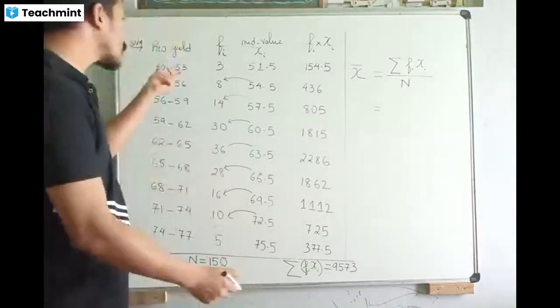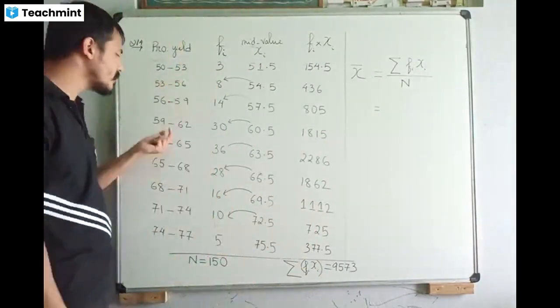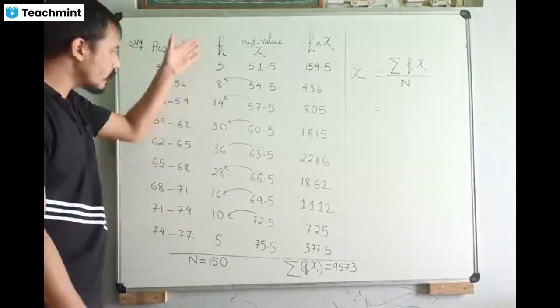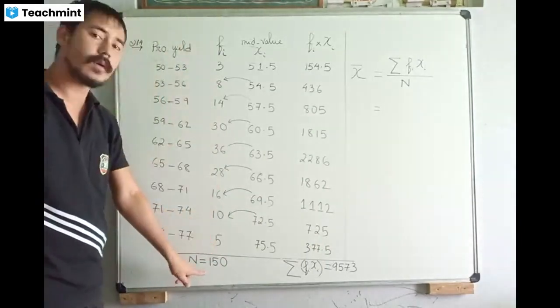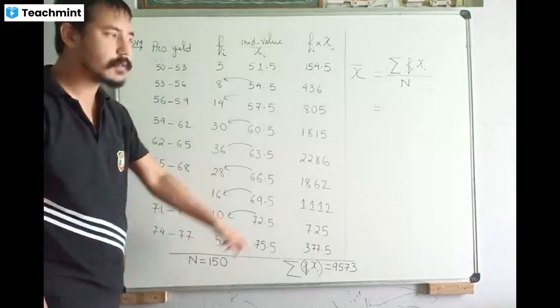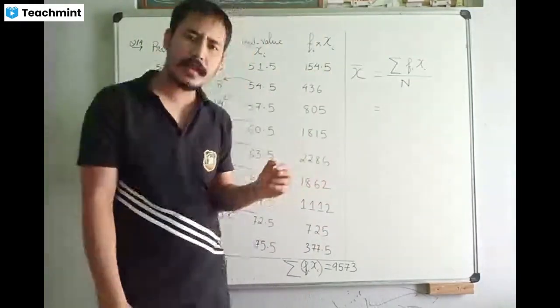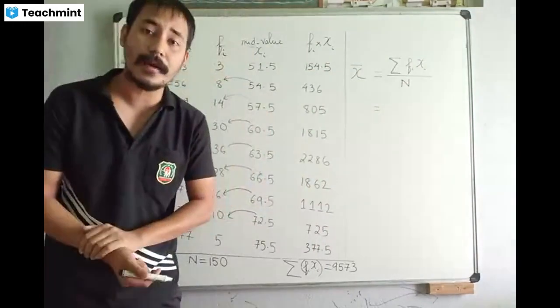Here also, this group has occurred 3 times, this group 30 times, this group 5 times, and so on. So altogether, 150 items. So divided by n. This method of finding the mean is known as the direct method.